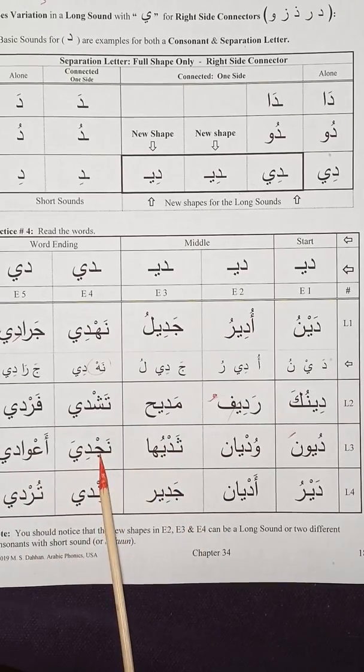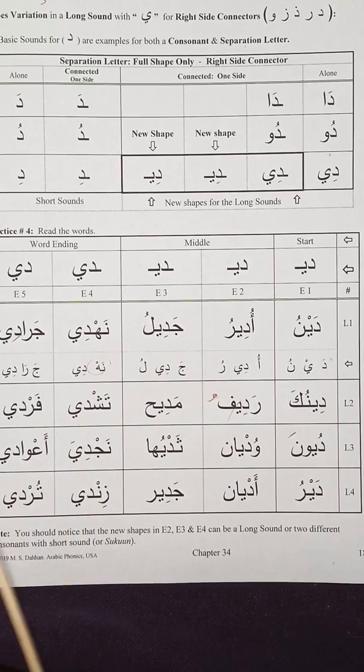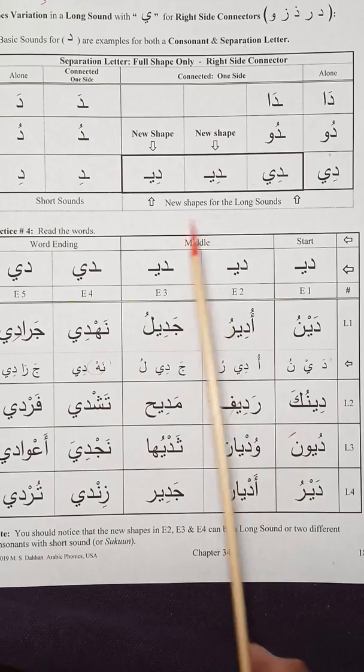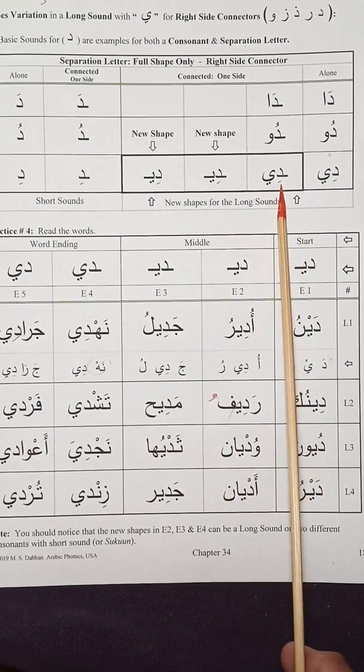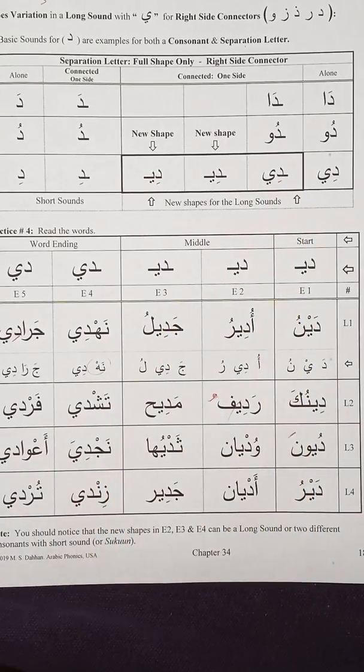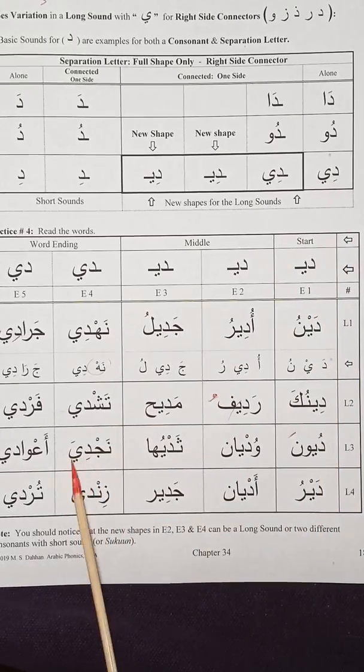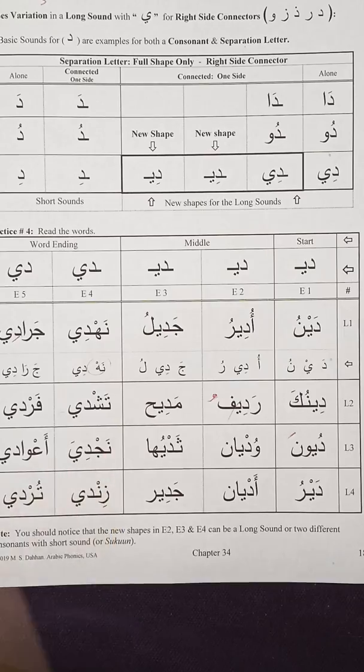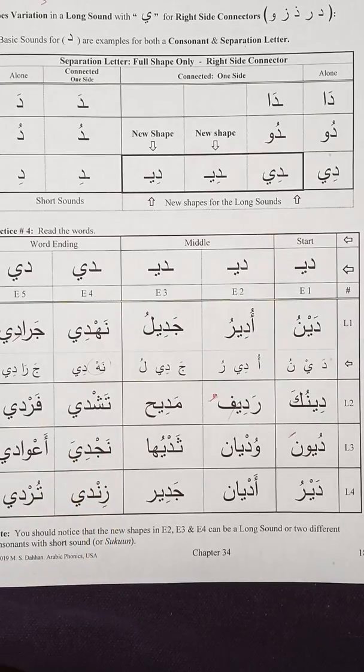Naj D. Okay. This D is exactly like this one here. And no, Najdiya, sorry. Najdiya. It's not that. Actually, this is two different consonants with different voweling. Najdiya. Good one. That's a good example.